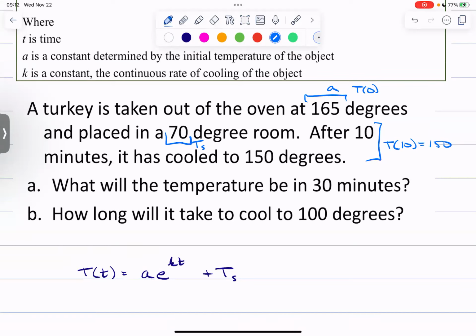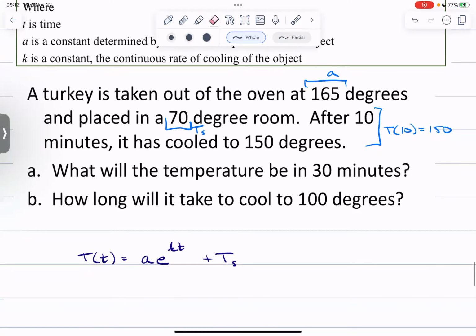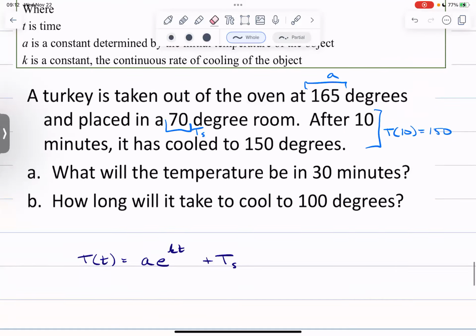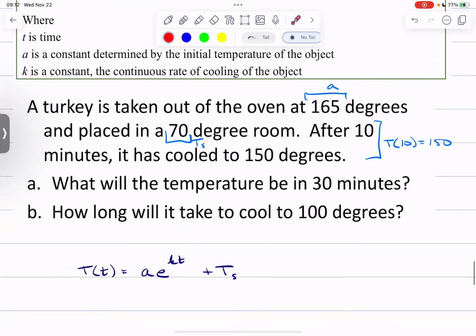But what about the surrounding temperature? T subscript S, which is the surrounding temperature.